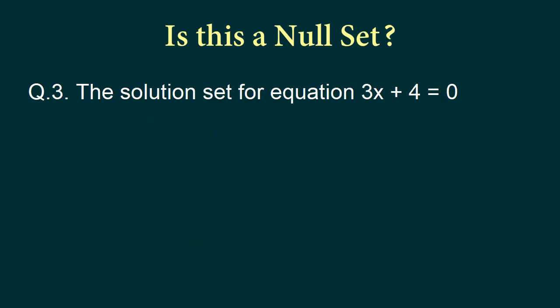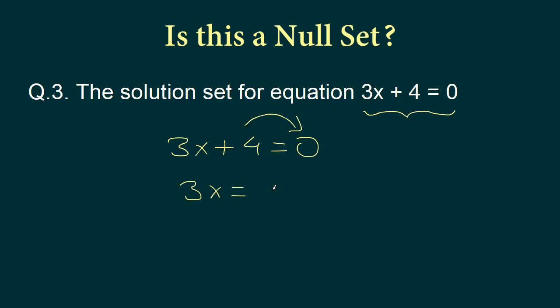Now let's take a look at a third question. So the solution set for the equation 3x plus 4 equals 0. So we can simply solve here for x. So we have 3x plus 4 equal to 0. So get 4 on the other side. So we are going to get 3x equals minus 4.